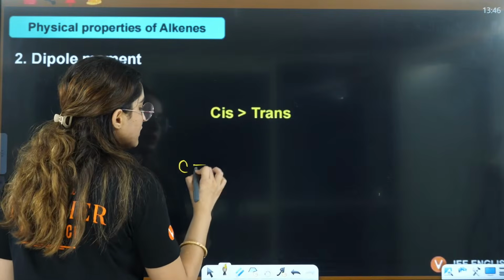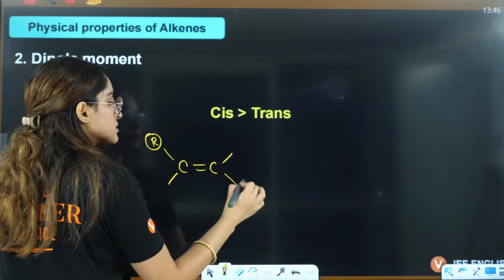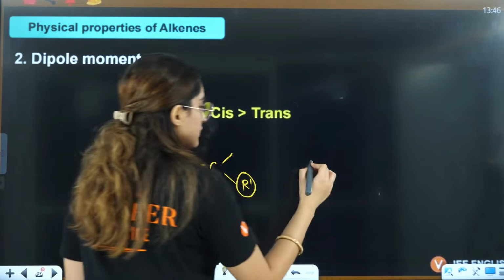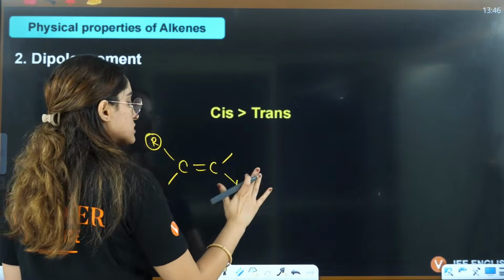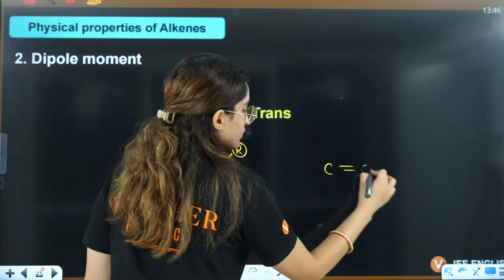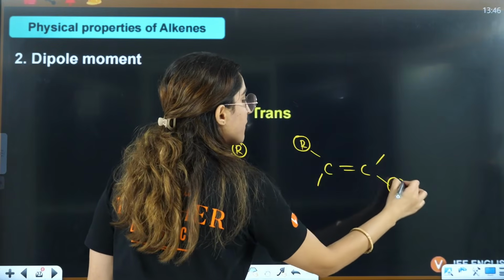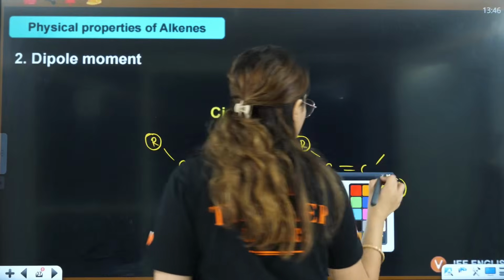Because in case of cis what happens? Let's say this is R and this is R dash. This is cis, let me just draw cis here, and this one is trans. So what will happen in case of trans?